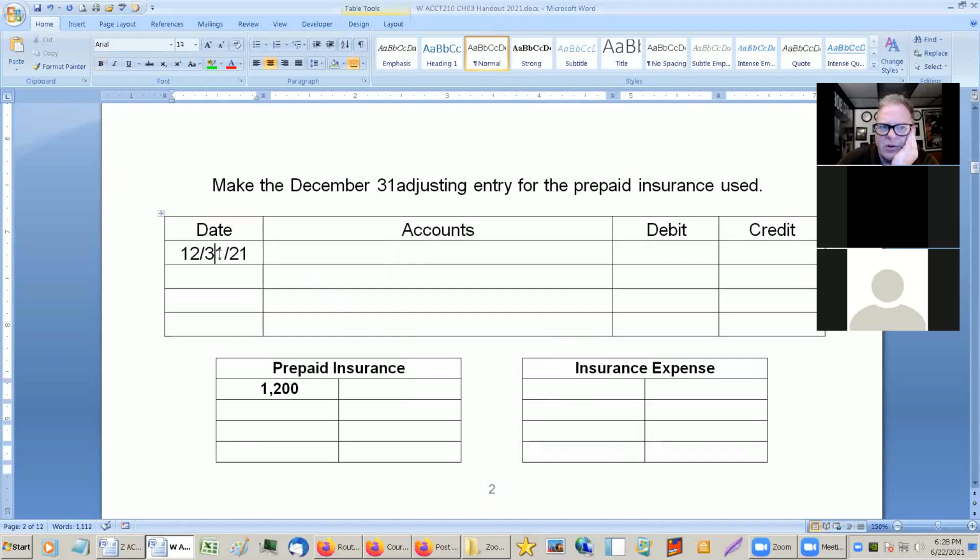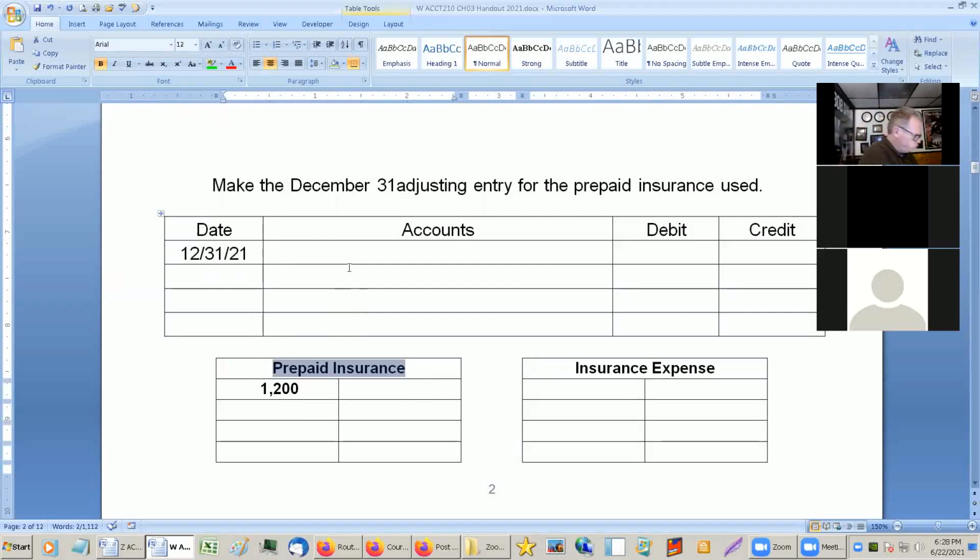On 12/31, we don't have it. We've used up some of this. We've used up 900 of it. So how are we going to adjust this account? What are we going to do with prepaid insurance? It's got a debit balance of 1,200. We've used up 900 of it. So what's the journal entry going to be?